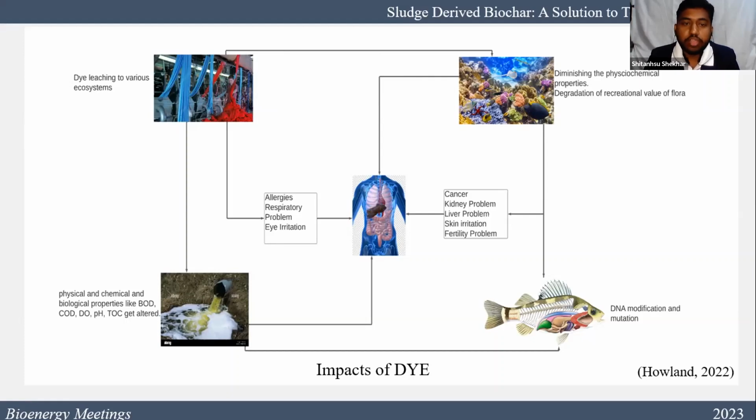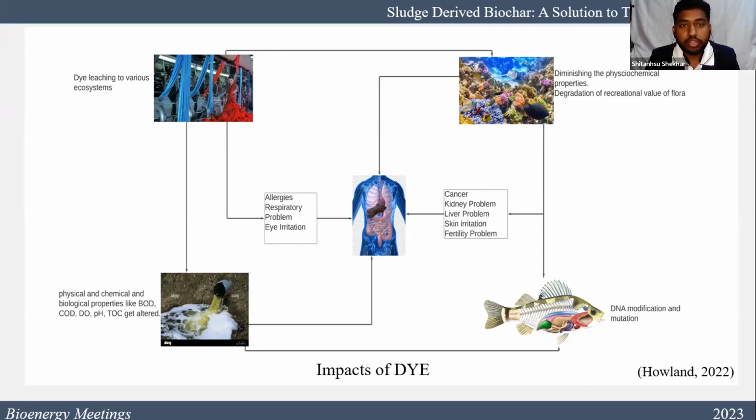COD, DO, and different biological, chemical, and physical properties get altered. If it enters aquatic life, such as fish, then even DNA modification and mutation can be possible, some results suggest.